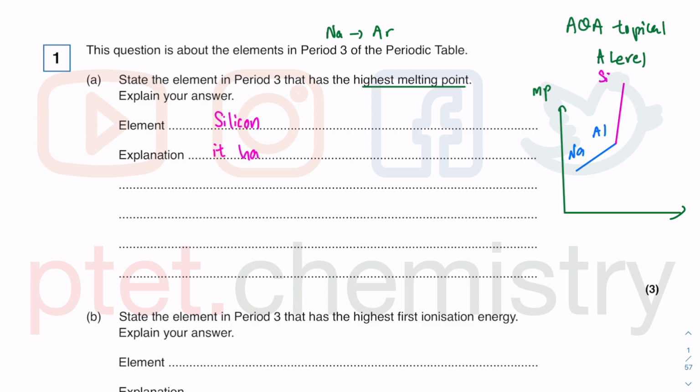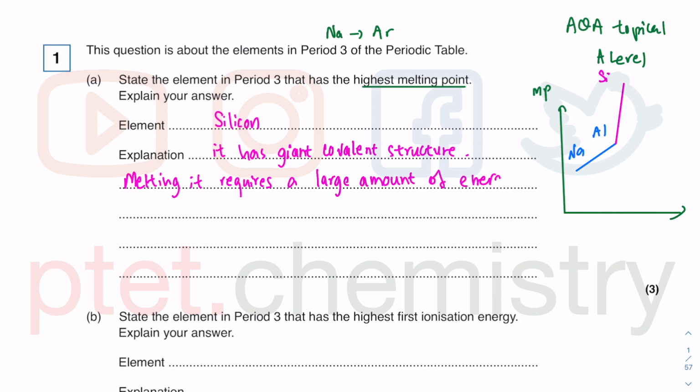In terms of the giant covalent structure, what do we need to break for melting it? Melting silicon requires a large amount of energy, because we need that to break the many strong covalent bonds. The key focus here is, what do you use a large amount of energy to do?